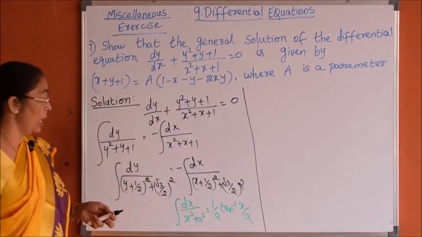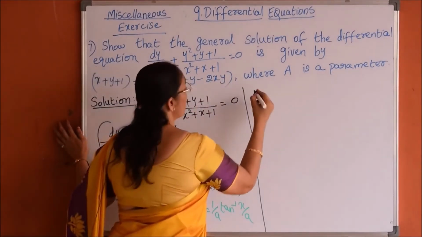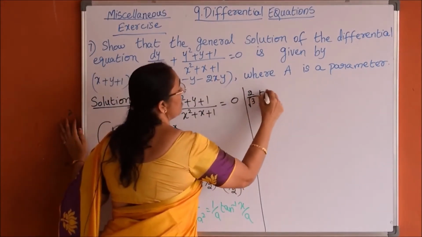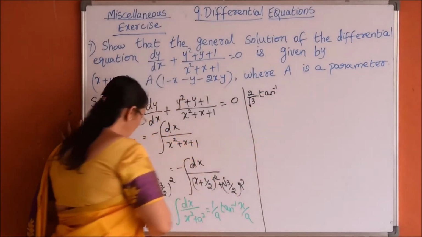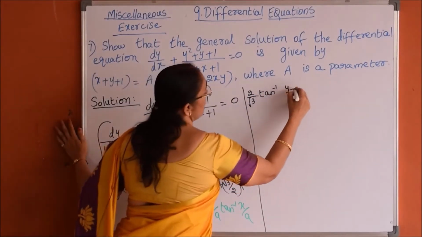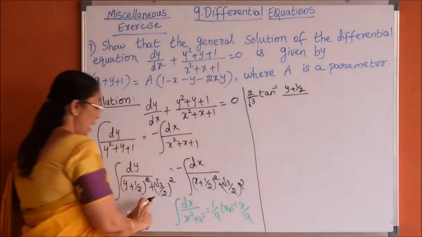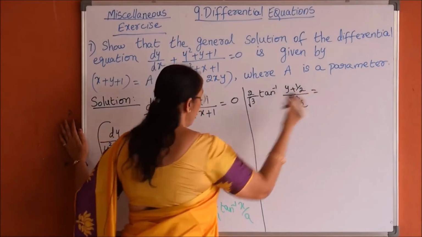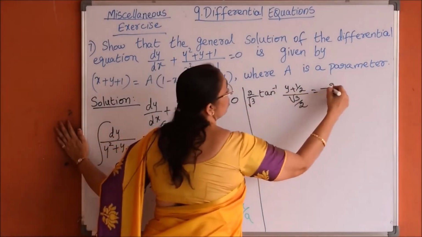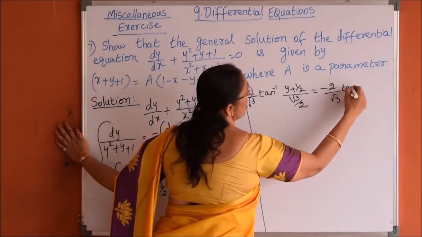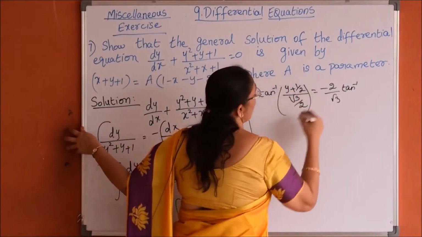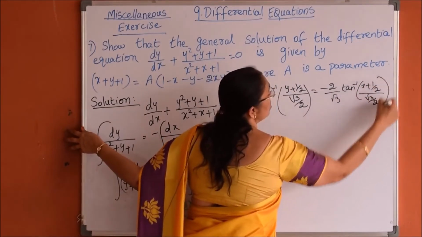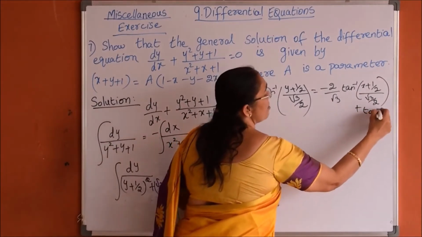So, using that formula, we will get left hand side as 1 by a, 1 by root 3 by 2, which is 2 by root 3 tan inverse of x by a. x place we have y plus half divided by a is root 3 by 2, which is equals to, for right hand side, minus 2 by root 3 tan inverse of (x plus half) divided by root 3 by 2, and a constant we can write it as tan inverse of c.